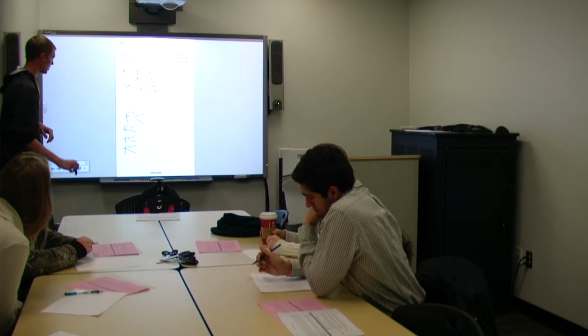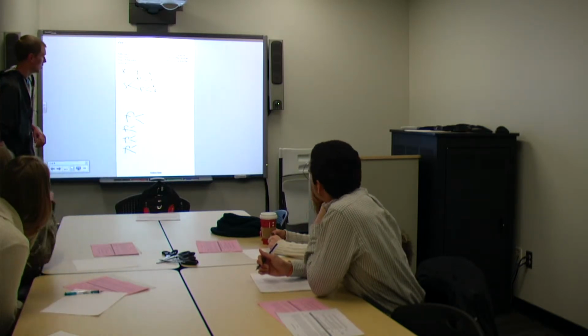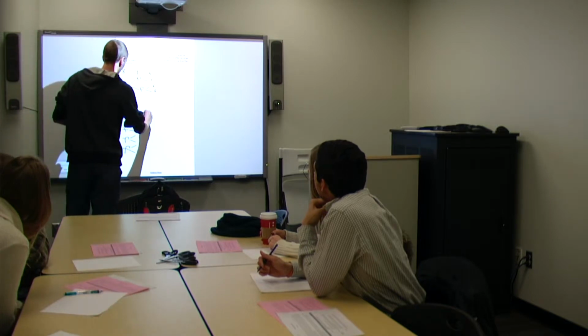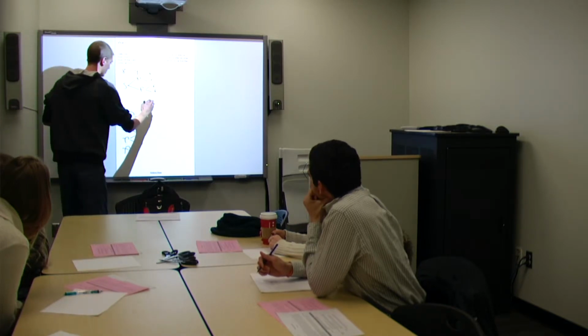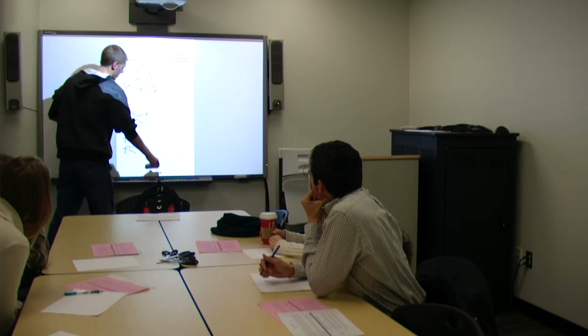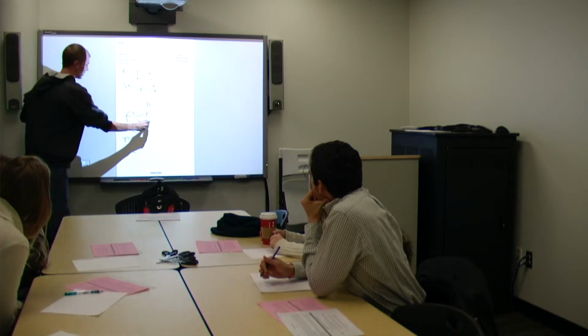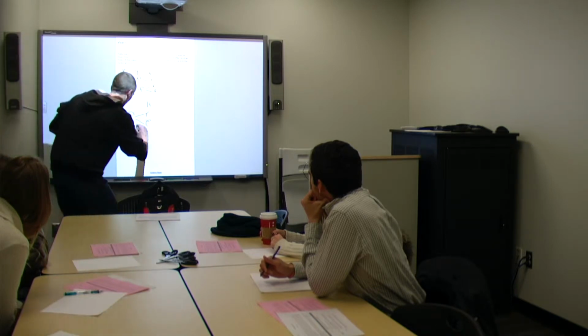So 1, 2, 3, 4, 5, 6, 7, 8. So this is at time 11 right here. I'll skip writing out the last step because you'll see that those are F's.